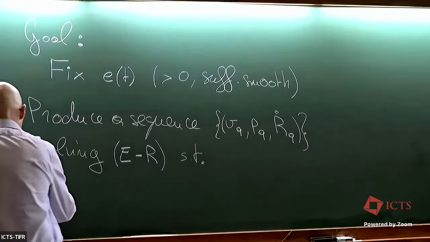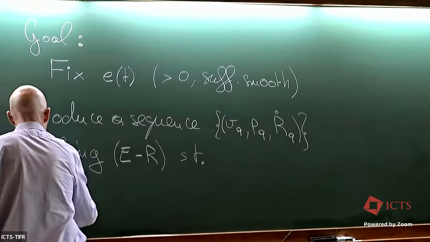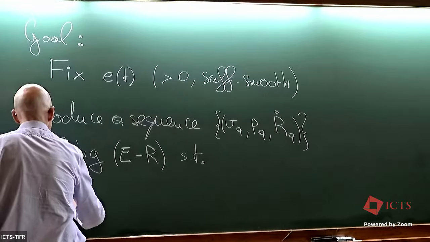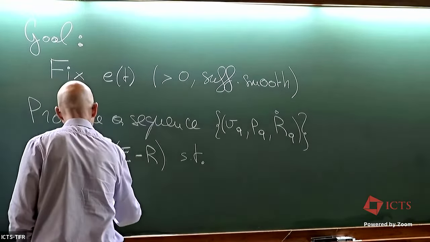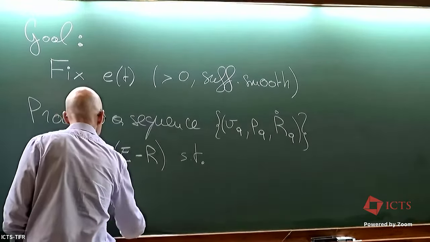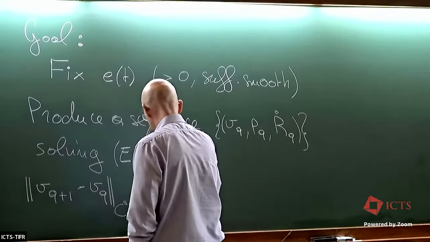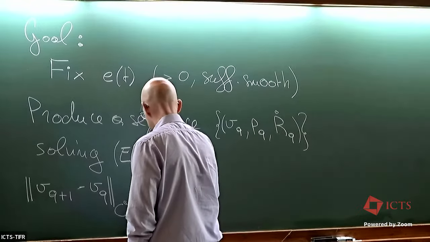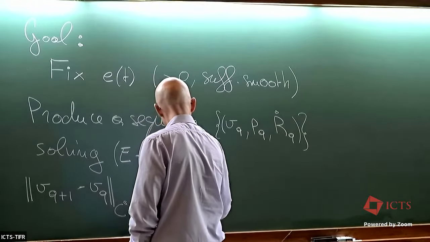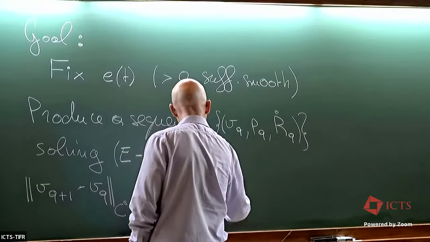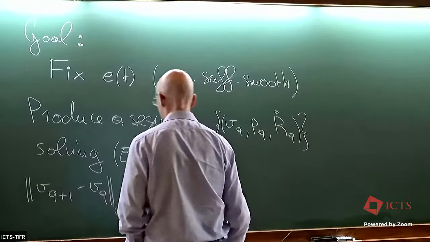So let me write it directly: v_{q+1} minus v_q in C0, plus p_{q+1} minus p_q in C0, which is converging.